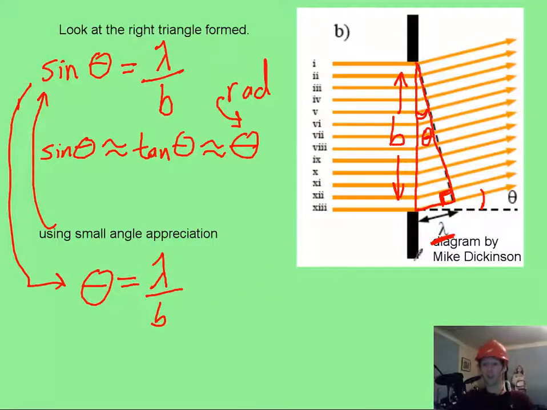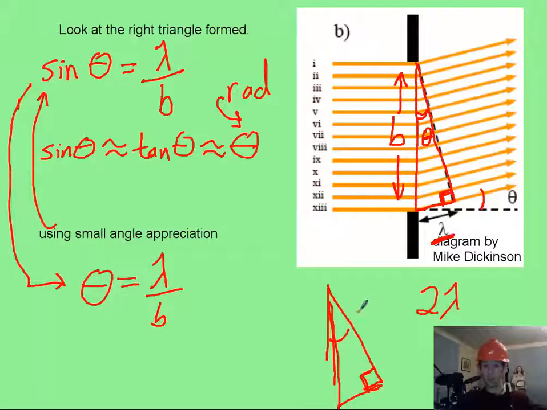Now this also happens if this distance were 2 lambda, and we'd end up with a bigger right triangle that would be something like this, where this angle is 2 theta. And this is still b, but this would be 2 lambda, or it'd be a new angle.